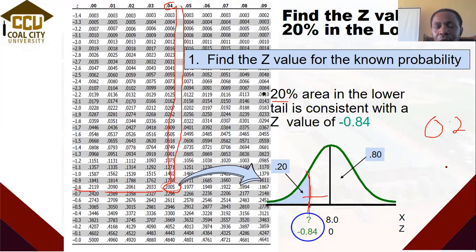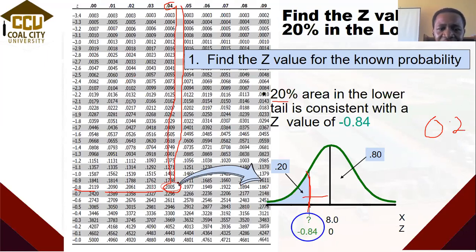So to find the z value for 20% in the lower tail, the first thing you have to do is to divide the percentage by 100. And then whatever you get, you look for the number closest to it on your standard normal table, as you can see here.